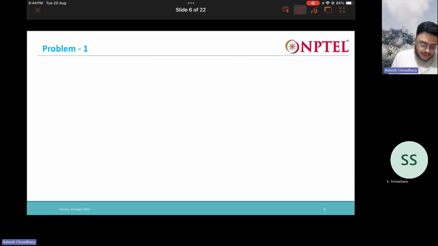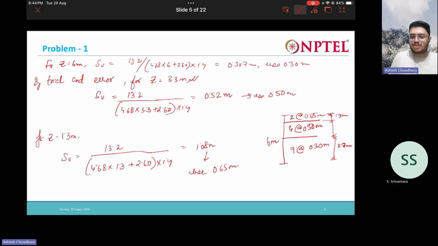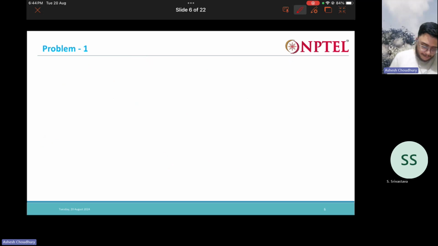So what we did, total how many layers are we providing? 9 plus 4 plus 2, 15 layers, right? Total 15 layers we have decided that we will put. Okay, let me just draw. So this is the top surface.